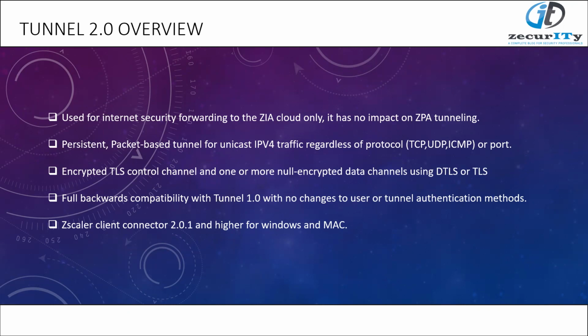One or more null encrypted data channels are also established using TLS or DTLS communication. There is full backward compatibility with Tunnel 1.0 with no changes at the user end. Zscaler Client Connector 2.x and above on both Windows and Mac operating systems support Tunnel 2.0.